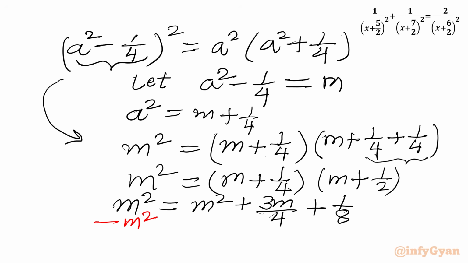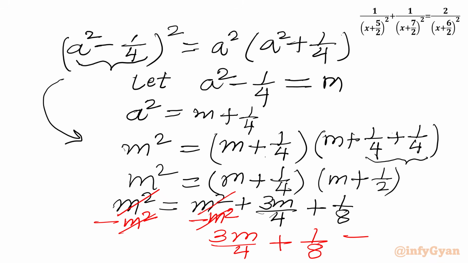So we'll write here minus m square, minus m square. So we'll cancel m square from LHS and RHS. We will get 3m over 4 plus 1 over 8 equal to 0.